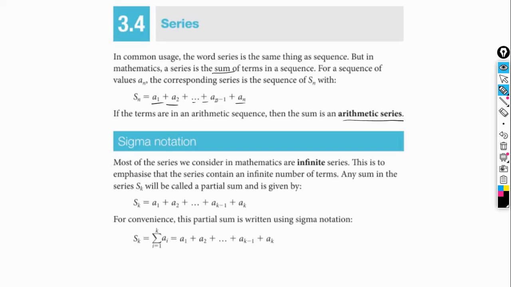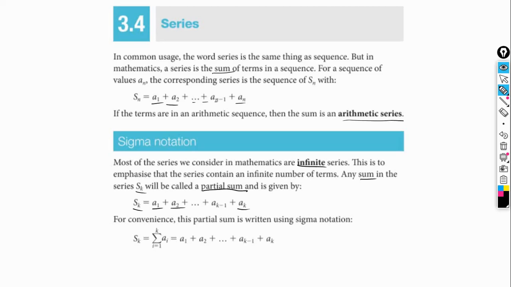Now let's talk about sigma notation. Most of the series we consider in mathematics are infinite series. This is to emphasize that the series contains an infinite number of terms. Any sum in the series S sub k will be called a partial sum, and it is given by S of k is equal to a sub 1 plus the second term, and so forth, until we reach the kth term.